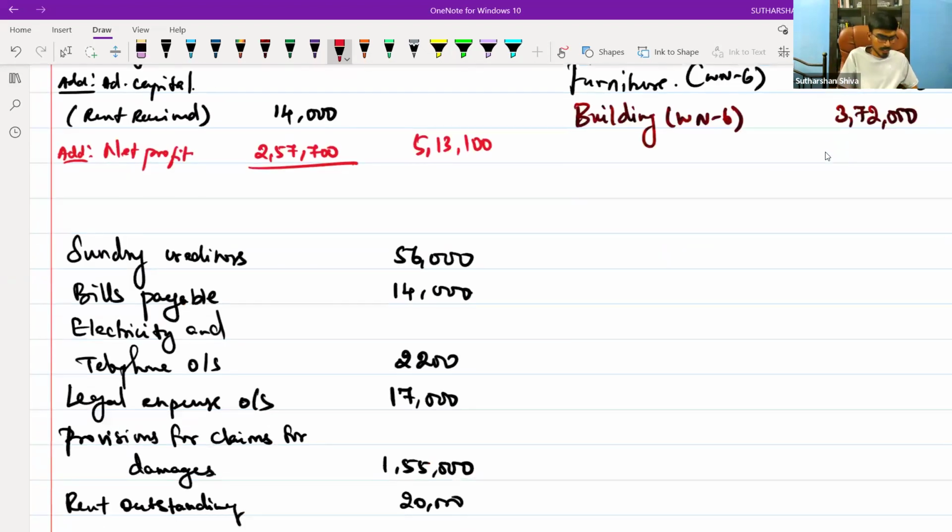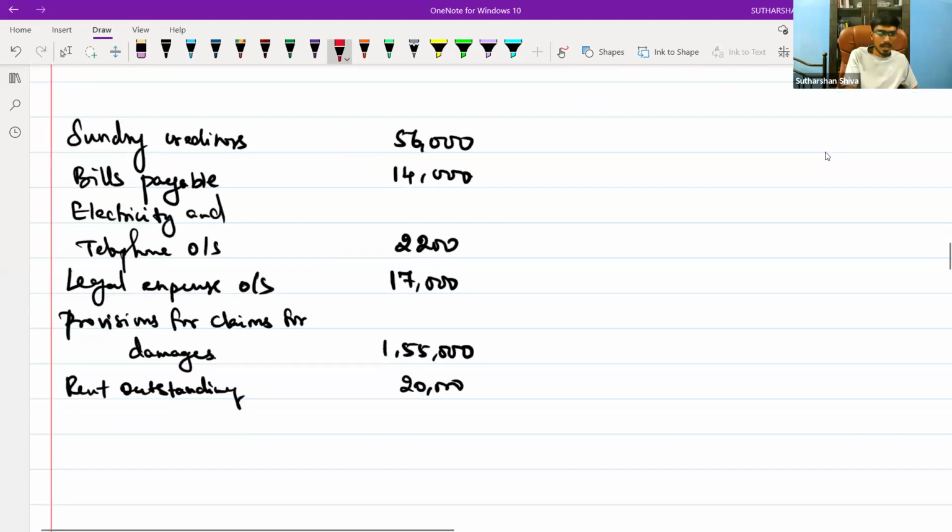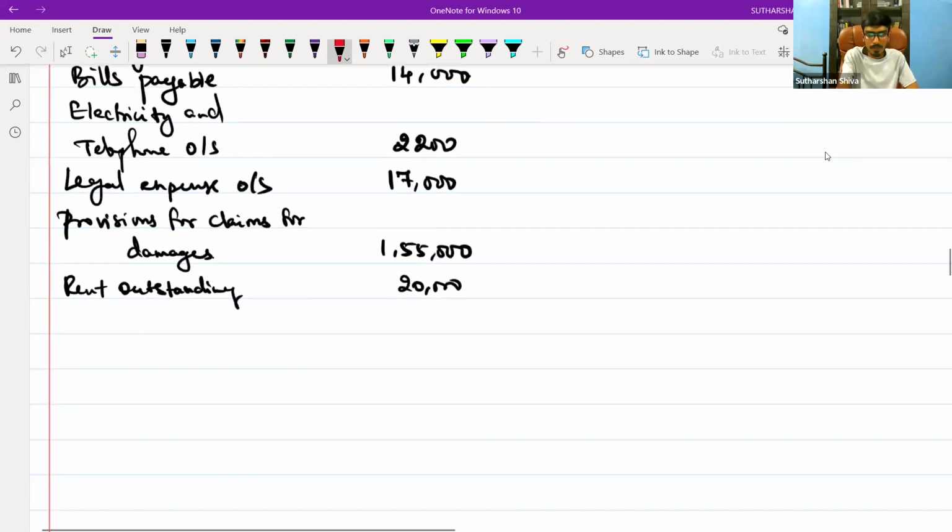Then add 56,000 to it. Add 14,000. Add 2,200. Add 17,000. Add 1,55,000. Add 20,000 to find out my balance sheet value. That is 7,77,300.